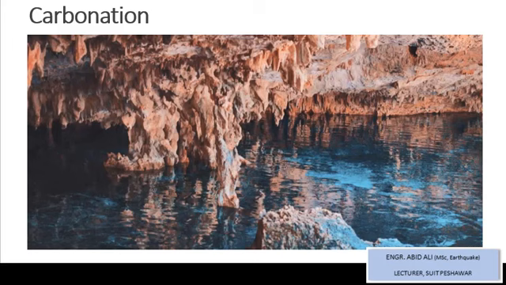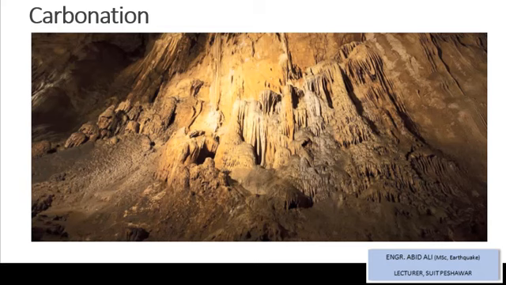This mild acid, carbonic acid, is strong enough that if it encounters certain minerals or rock like calcite or limestone, it will eat away or dissolve that limestone, and so we end up getting these underground caverns where once we had a large expanse of limestone, but that has all been slowly eaten away by dissolving carbonic acid. So some of these amazing landscapes around the world form as a result of this type of chemical weathering.